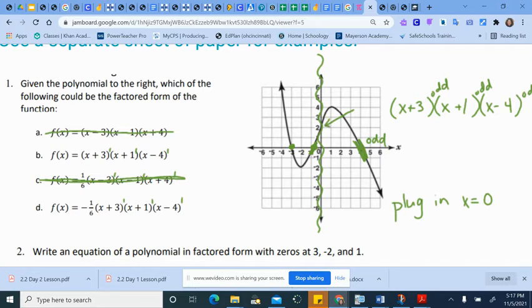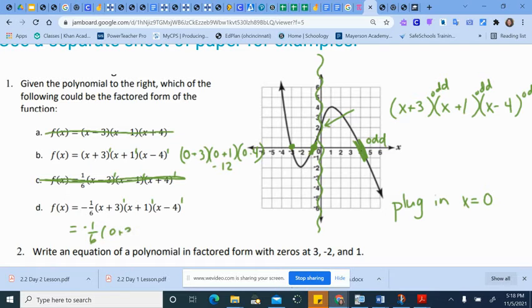So let's see which one of these gives us 2 when we plug in 0. If I plug in 0 to this first one, I get 0 plus 3 times 0 plus 1 times 0 minus 4. So plus 3 is just 3, plus 1 is just 1, minus 4 is just -4. 3 times 1 is 3, times -4. That actually gave me -12. That didn't work.